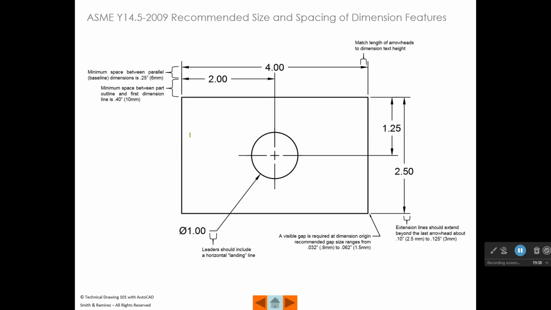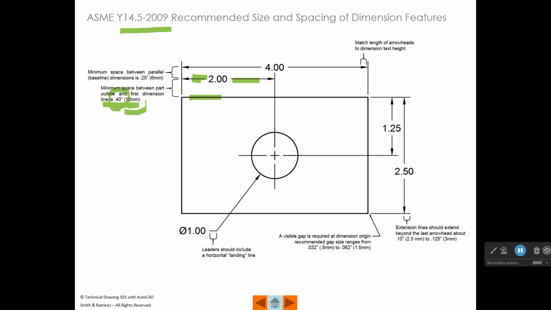Okay. The last part of what I'm going to talk about before I show you some AutoCAD is that when you place your first dimension, there is a space according to the ASME standard that we need to be sure to allow for. The minimum distance between the edge of the part and the first dimension is 0.4 inches.